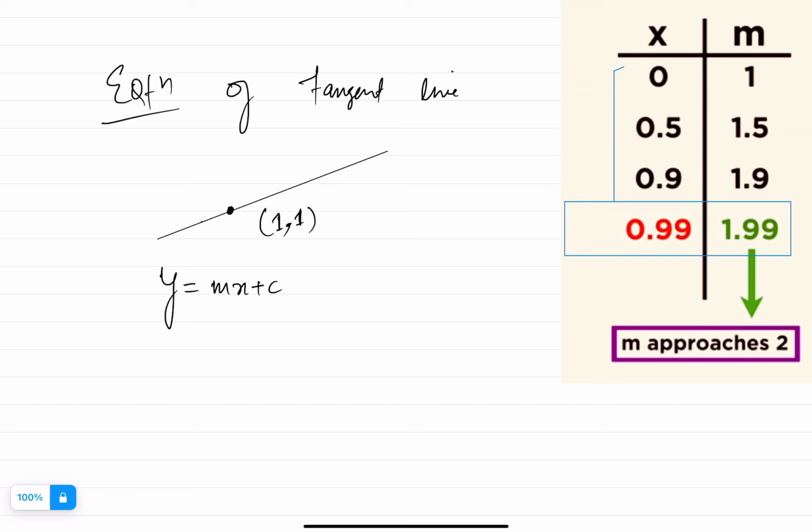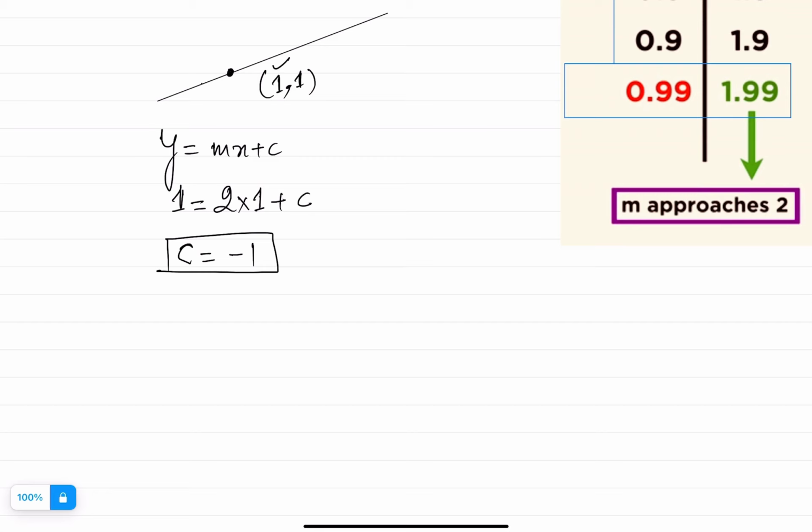The y coordinate is 1, the slope being 2, because we have found it from these two tables, and x is also 1. We can find the intercept, it will be equal to -1. So the equation of the line, with slope being 2 into x and intercept being -1, is y = 2x - 1. So we have done it.